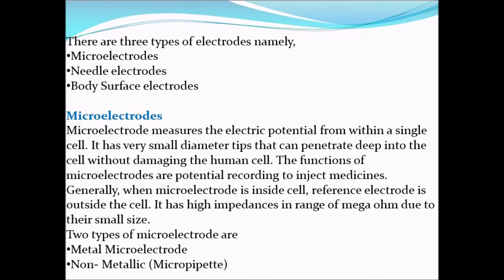And finally, the surface electrode. This surface electrode is used to measure the potentials available from the surface of the skin, and is used to sense the potentials from the heart, brain and nerves.